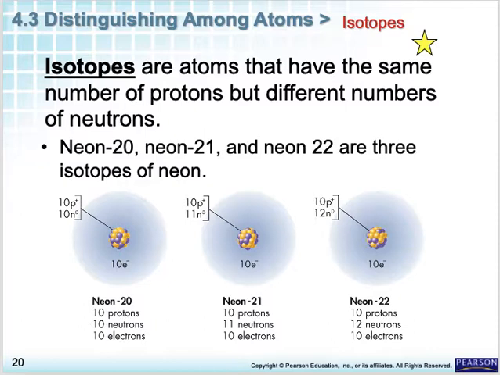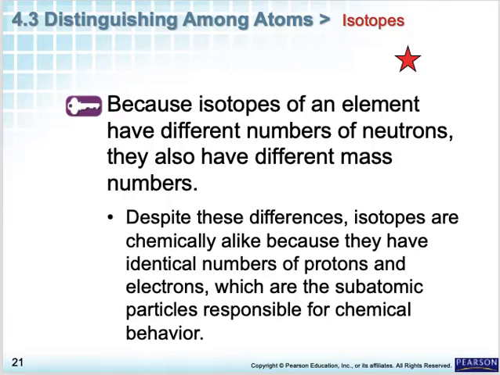So all three of these are isotopes of neon. If I change the number of protons, I change the identity of the element. If I change the number of electrons, I make it into an ion. And if I change the number of neutrons, I change the isotope. Because isotopes of an element have different numbers of neutrons, they have different mass numbers. Pretty straightforward.